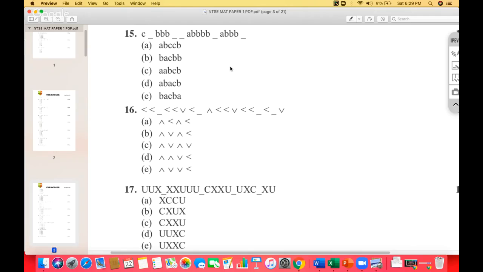Okay. So what you are giving me as answers for 15, 16, 17 is: 15 you are giving me A, 16 you are giving me A, and 17 you are giving me B.